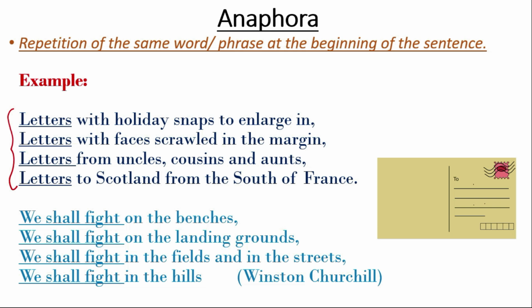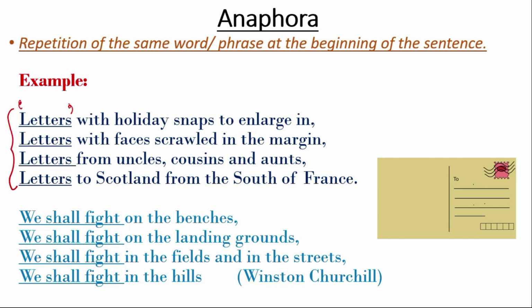It goes: letters with holiday snaps to enlarge in, letters with faces scrawled in the margin, letters from uncles, cousins, and aunts, letters to Scotland from the south of France. So the word letters is repeated at the beginning of every line. So this is anaphora.